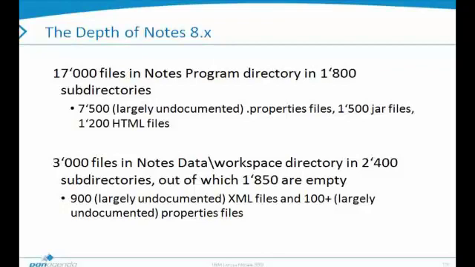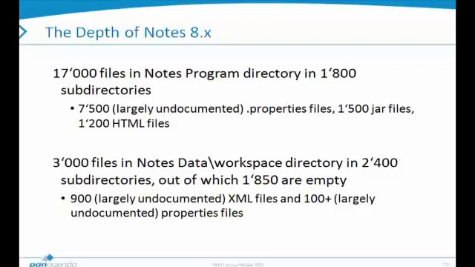We're talking about 3,000 files in the Notes data workspace directory in the standard client, which is where a lot of Eclipse stuff happens, right? So 2,400 subdirectories, 1,850 of those are empty. Again, largely undocumented XML files, property files.